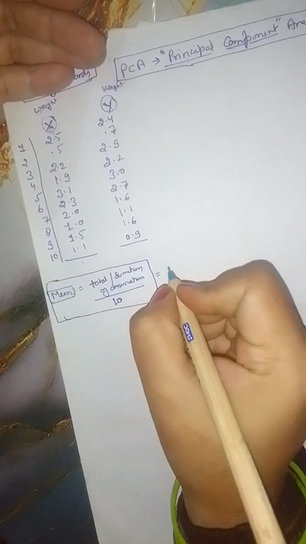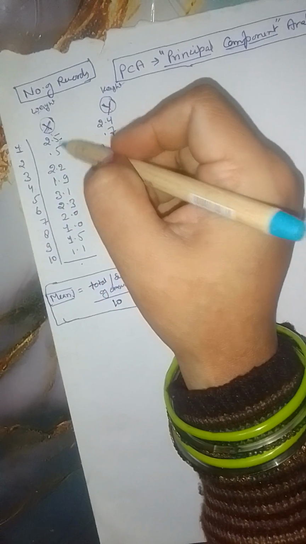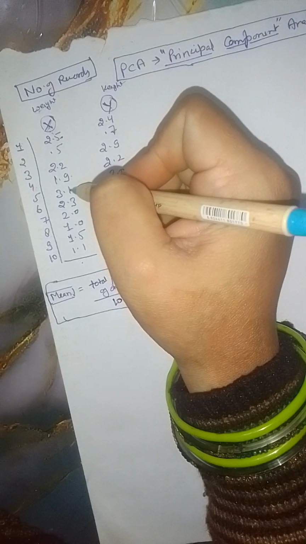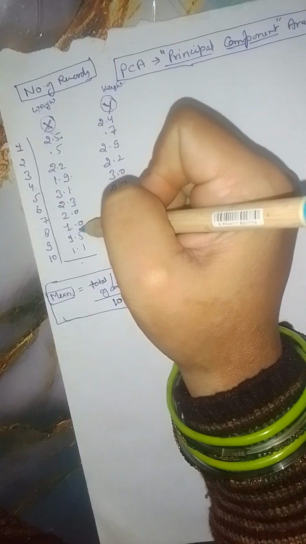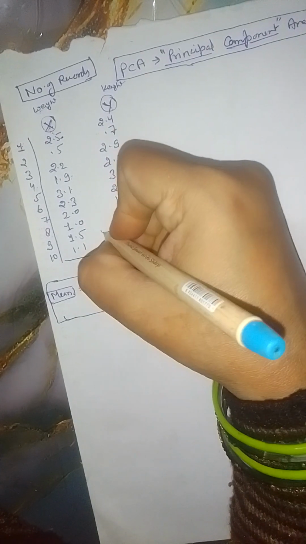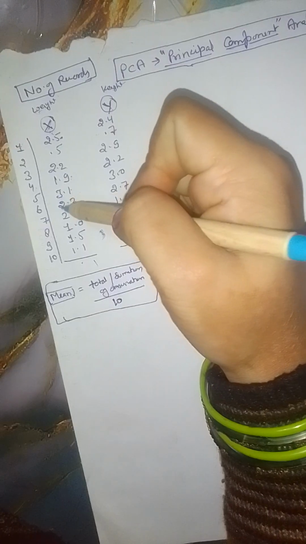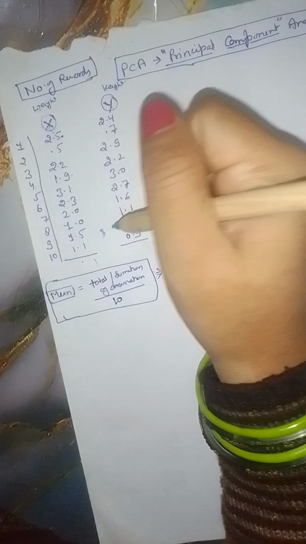So what is the total of all these values? 5, 5 is 10, 10 and 2 is 12, 12 and 9 is 21, 21 and 1 is 22, 22 and 3 is 25, 25 and 5 is 30, 30 and 1 is 31, and 3 we have taken as 1 remaining part. 2 and 2 is 4, 1 is 5, 6, 7, 8, 9, 10, 11, 12, 13, 14, 15, 16, 17, 18, fine.